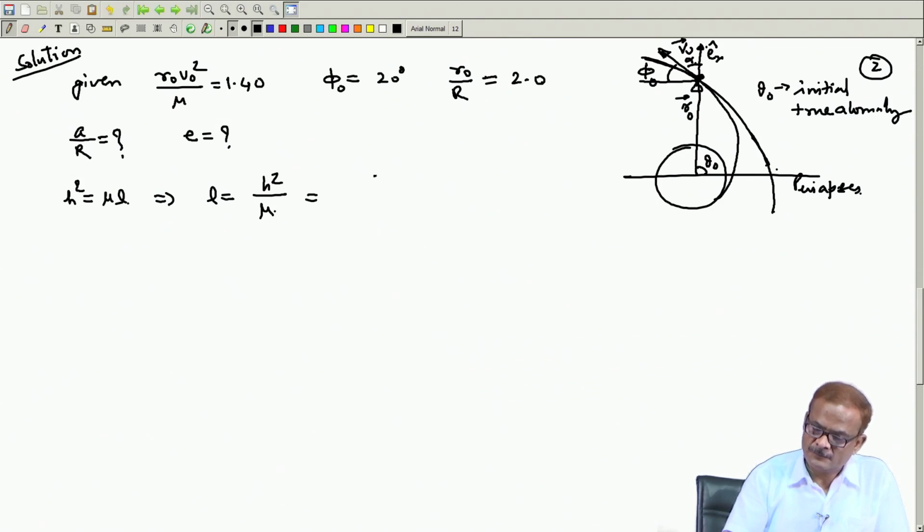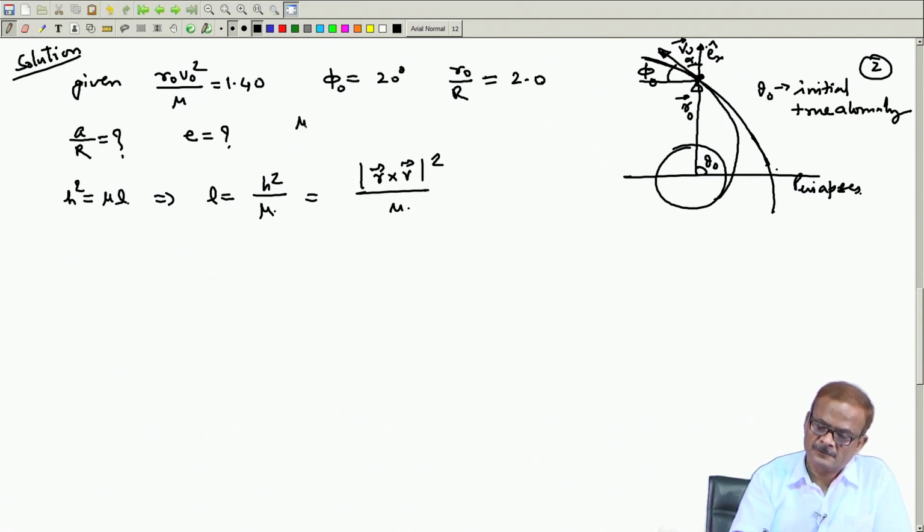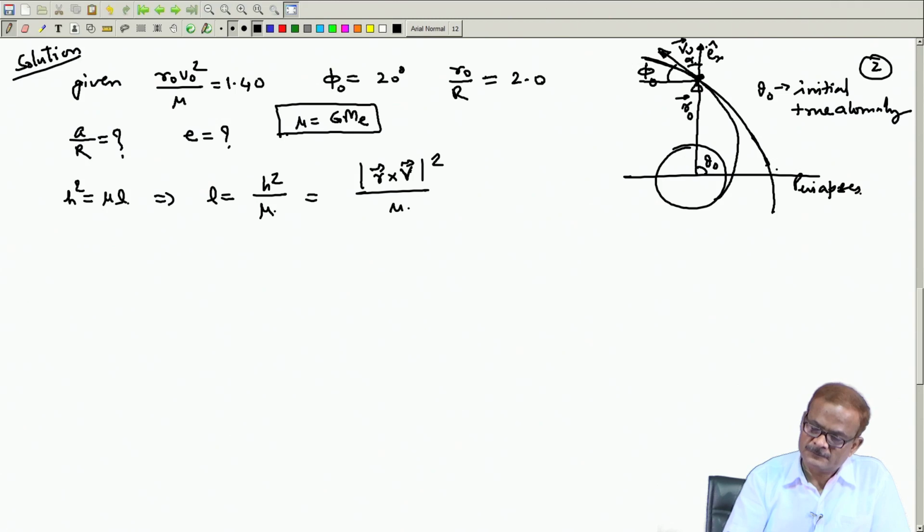So, h, as we know, is r cross V magnitude square divided by mu, and in this case mu will be the value for the earth, which is G times M earth. This is velocity. Okay. So, this will be r times V sin alpha square divided by mu.